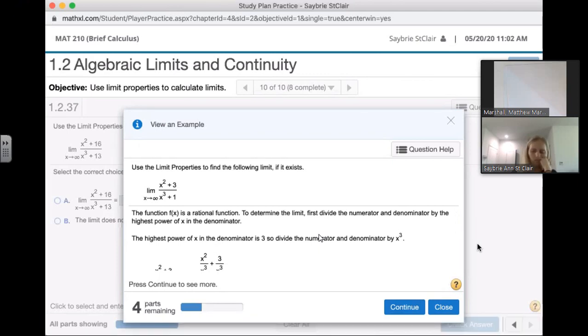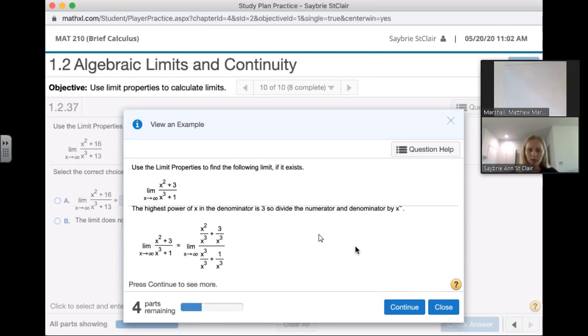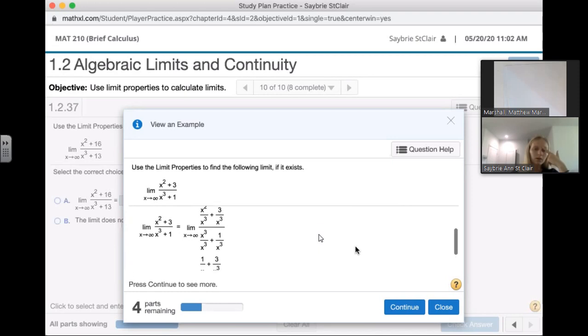So divide numerator and denominator by x to the third. Okay, you scroll down a little bit there for me. Okay, so they're doing that hardcore work. Yep, the highest power. Okay. And then that divides out.